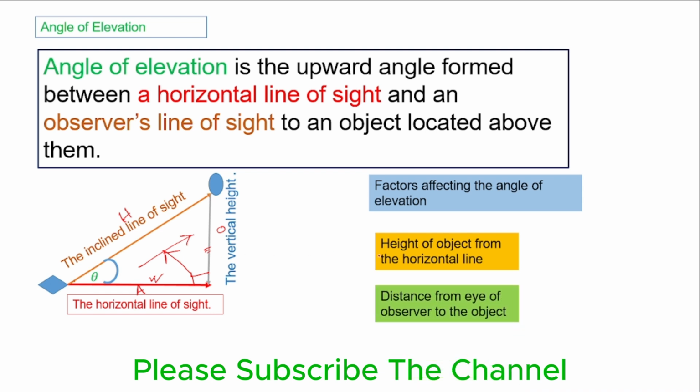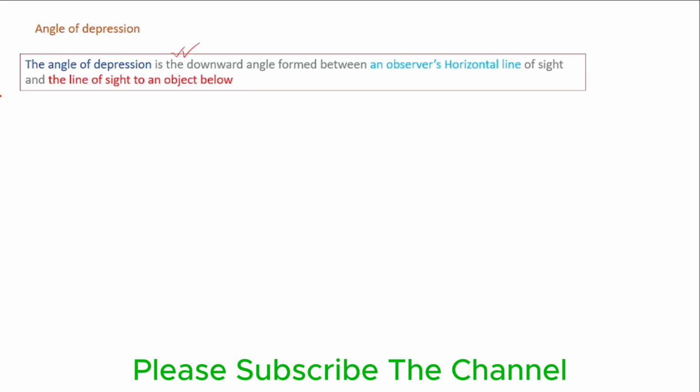And if the distance of the object from the eye of the observer changes, then the angle theta also changes. By definition, the angle of depression is the downward angle formed between an observer's horizontal line of sight and the line of sight to an object below.